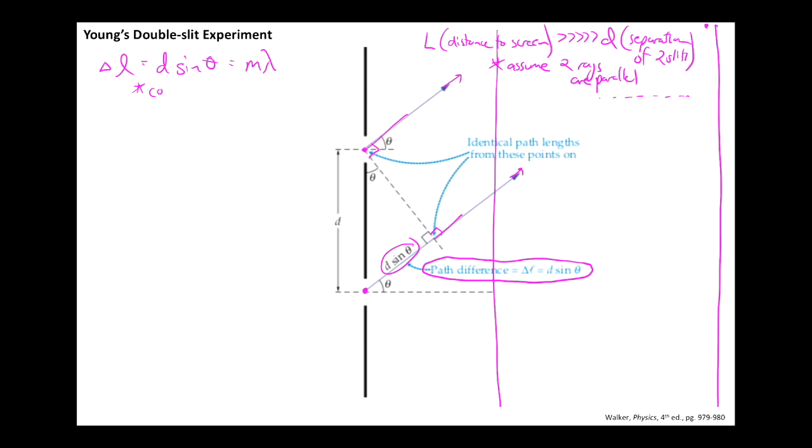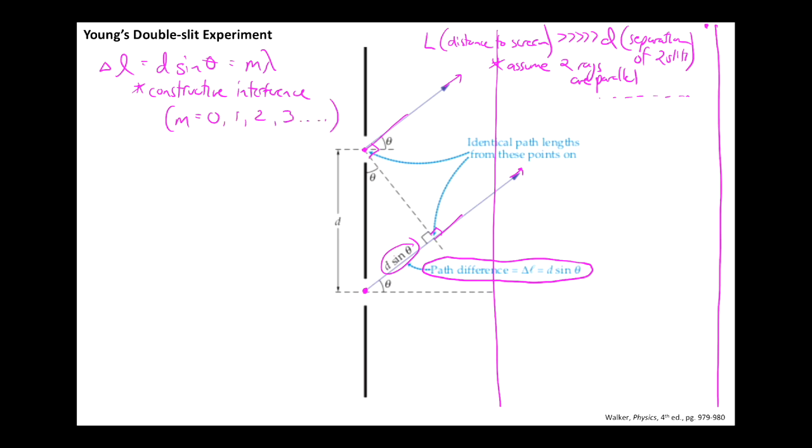This would give me constructive interference. And let's specify that m is equal to 0, that means they traveled the exact same distance, so they're going to be right in phase with each other, or this could be 1 or 2 or 3 and so forth.